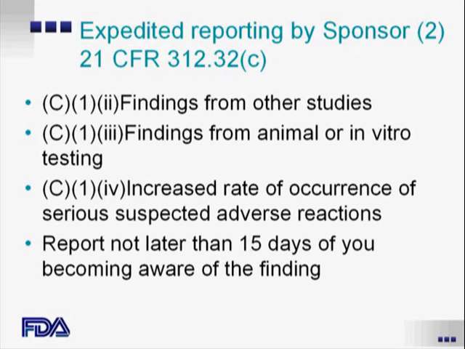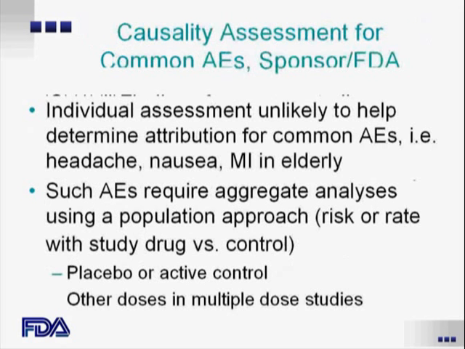They will also need to report the increased rate of occurrence of serious suspected adverse reactions, and this needs to be reported to the FDA within 50 days upon becoming aware of the finding.